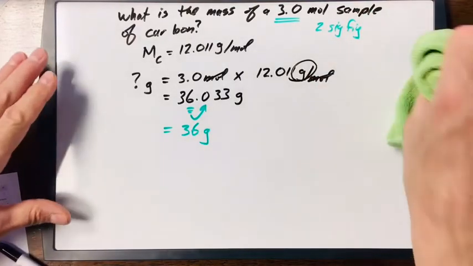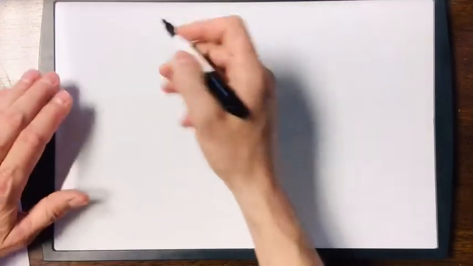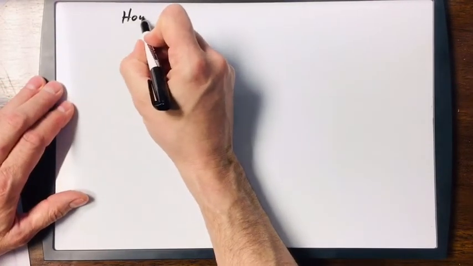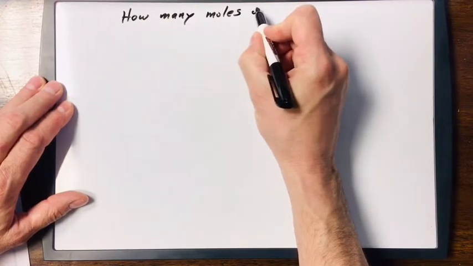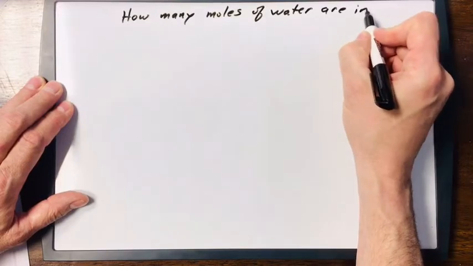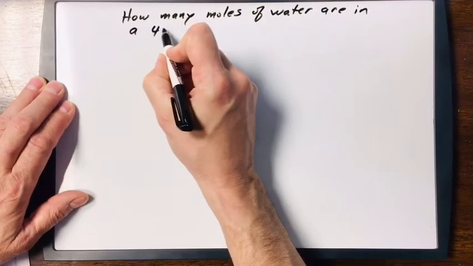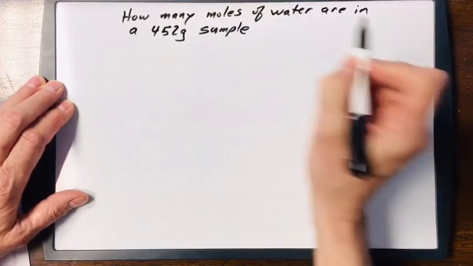The other question that we're going to look at is going in the opposite direction. And I would like to know how many moles of water are in a 452 gram sample.